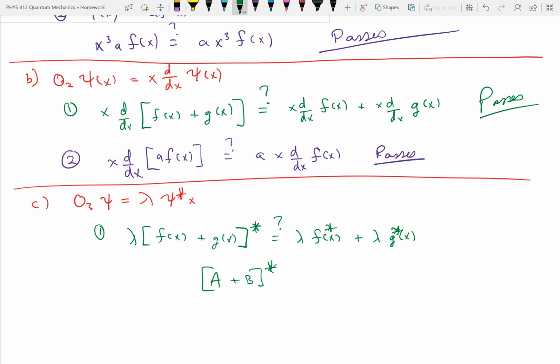Remember, the star just means you're replacing all of the i's with minus i's, right? So that's always going to be just replace all the i's in A with a minus i and replace all the i's in B with a minus i. Okay. In which case, then yes, it would pass.